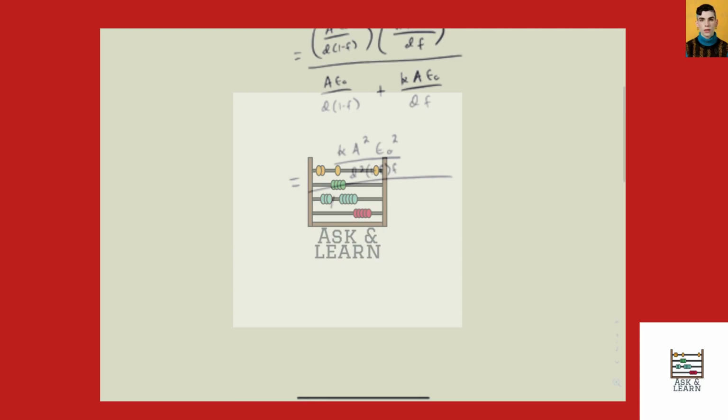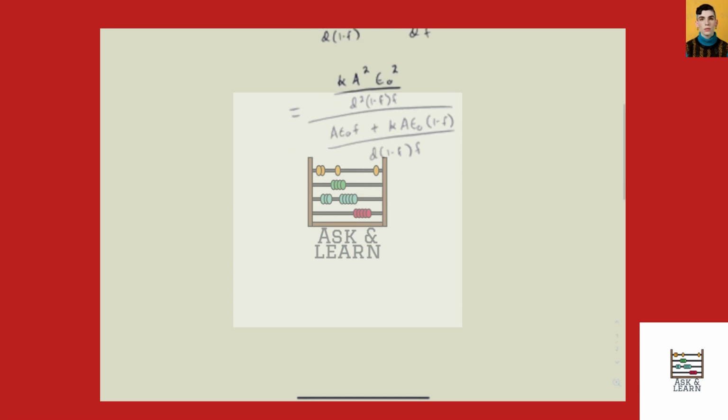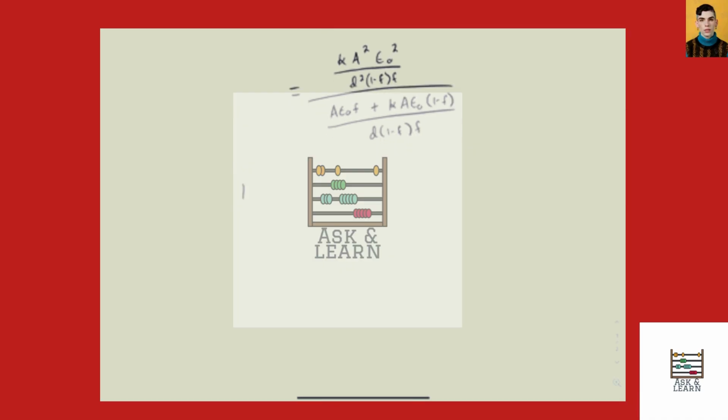So this becomes A epsilon naught F over the common denominator plus kappa A epsilon naught times 1 minus F over the common denominator of D times 1 minus F times F. So now we have two fractions in a fraction, so I'll split them up into a product.